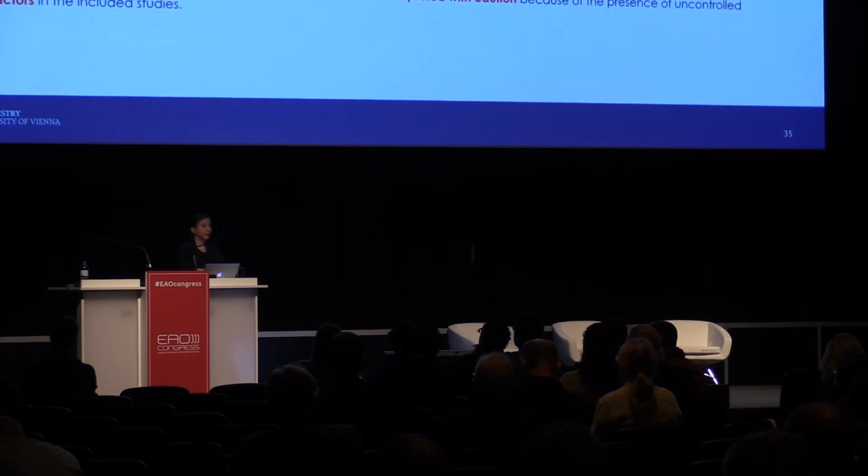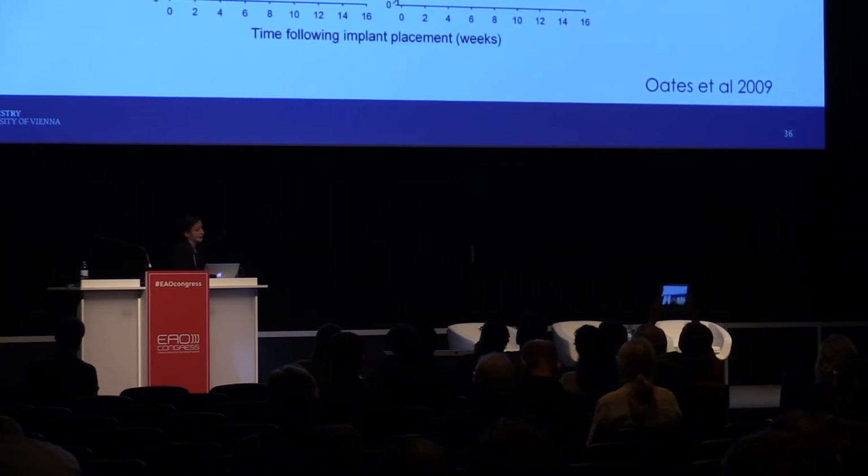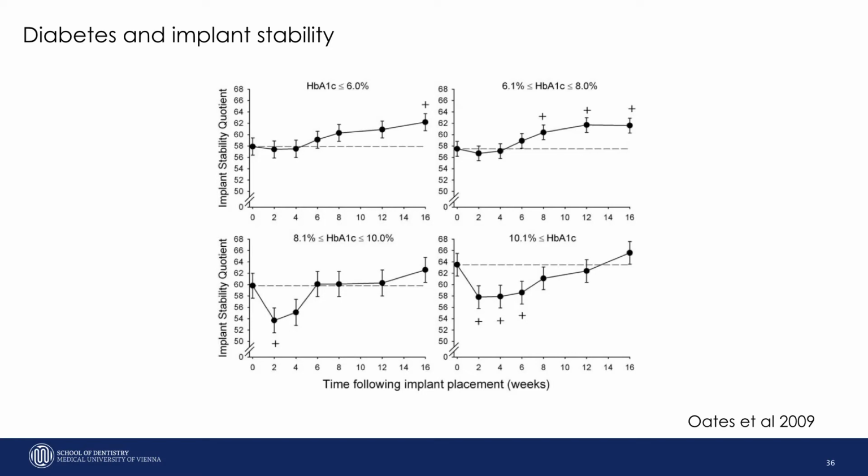Something that really makes me confident when you look at diabetes and implant stability is this study by Osstell. I have to say they did not lose an implant, but what they nicely showed was that blood glucose level had an impact on implant stability. When you look at the graph in the right corner at the bottom, you see a very high blood glucose level, which means an HbA1c of more than 10%, which is really very uncontrolled diabetes.